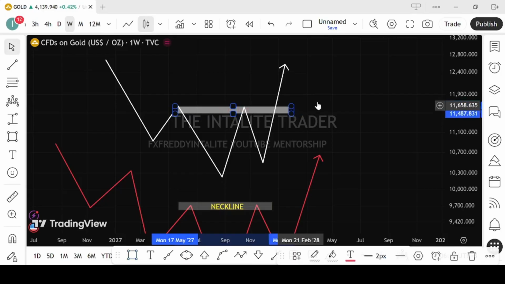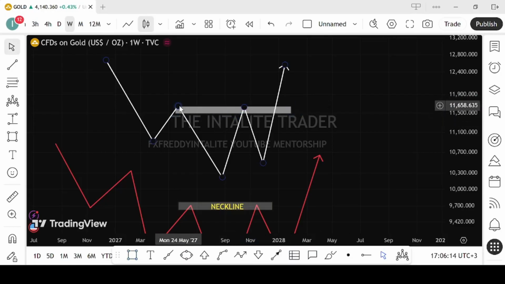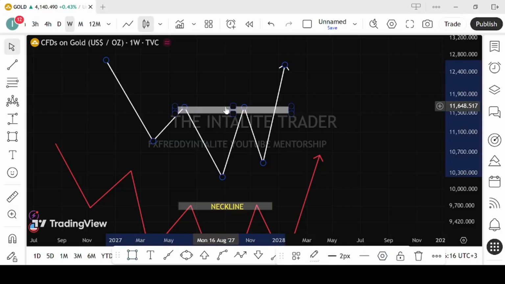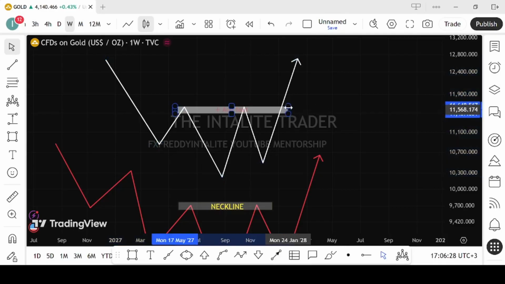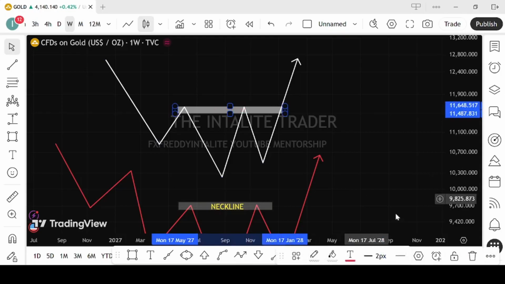It is still a head and shoulder pattern because it still gave you a neckline which sat on the same level, but it's just that the shoulders are imperfect themselves. And then you have a break above, confirming a reversal to the upside. So that is variation number 2 of the imperfect head and shoulder pattern.